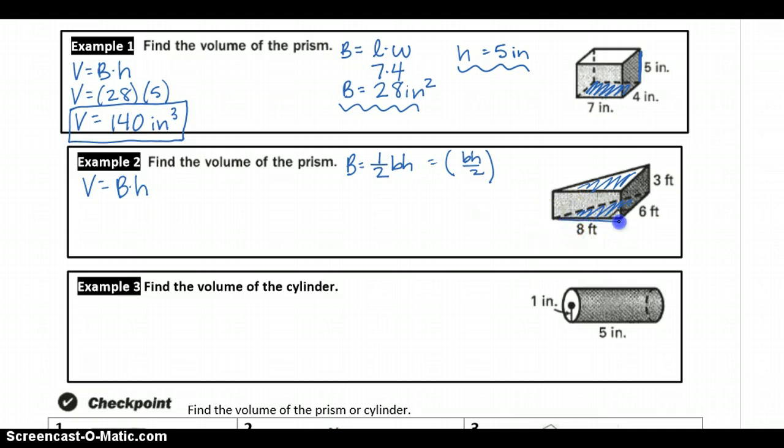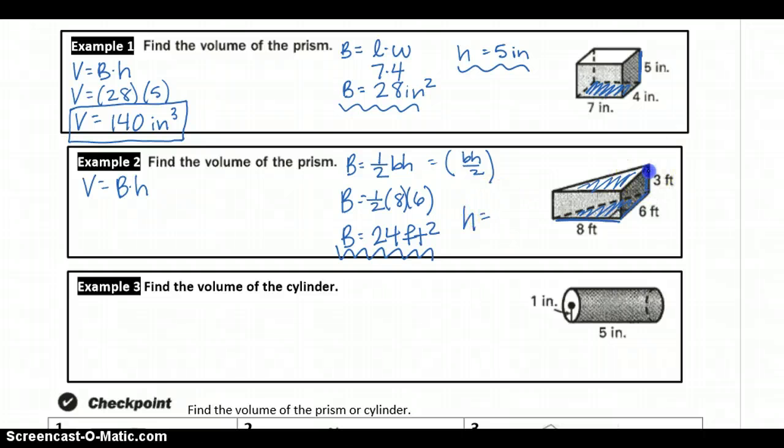Well, the base, or the bottom of our triangle here, is 8 feet. So we'll plug in an 8 for the base. And the height of our triangle, which is perpendicular to the base, is 6 feet. So we'll plug in a 6 for the height. So if we multiply all these together, we get an area of our triangular base to be 24 feet squared. Last, we also need to know the height of our prism in order to find the volume.